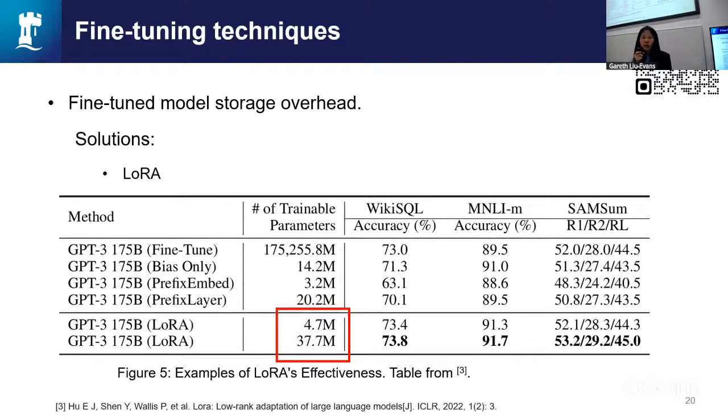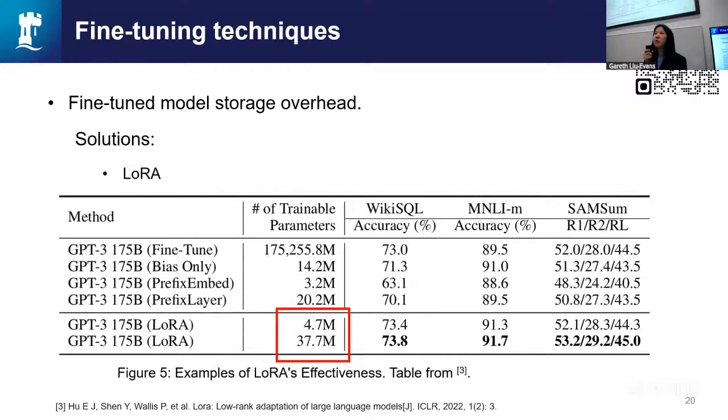And I will tell you about LoRA. It's a really popular method. Its advantage is that it can save the storage of the fine-tuned models. You know that if we have models with over 100 billion parameters, saving it needs a lot of storage, right?